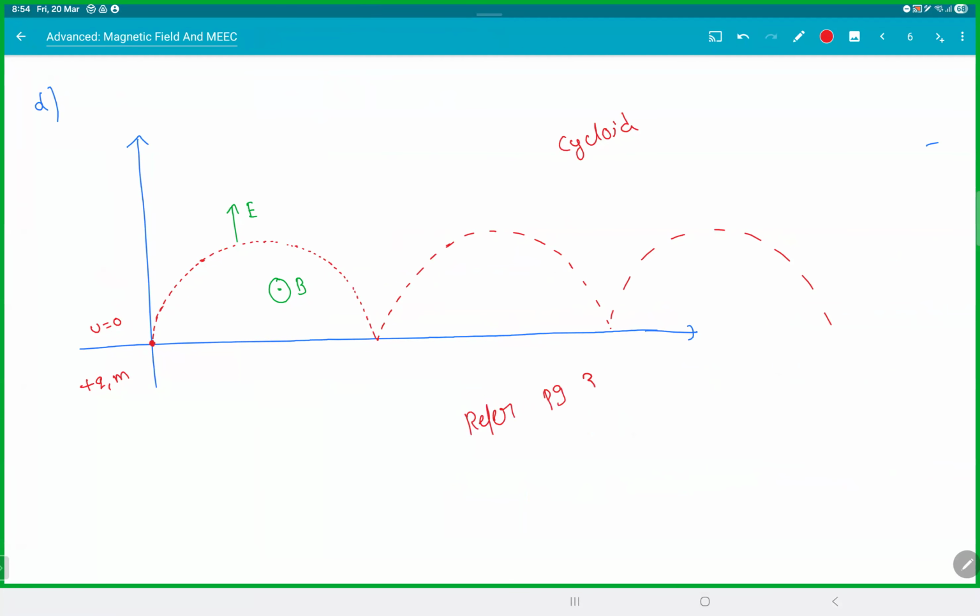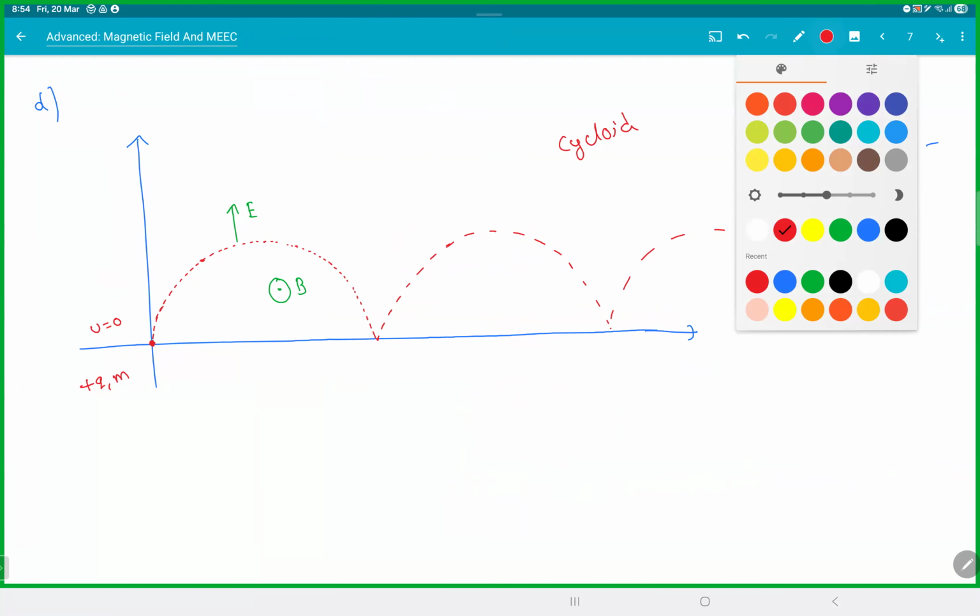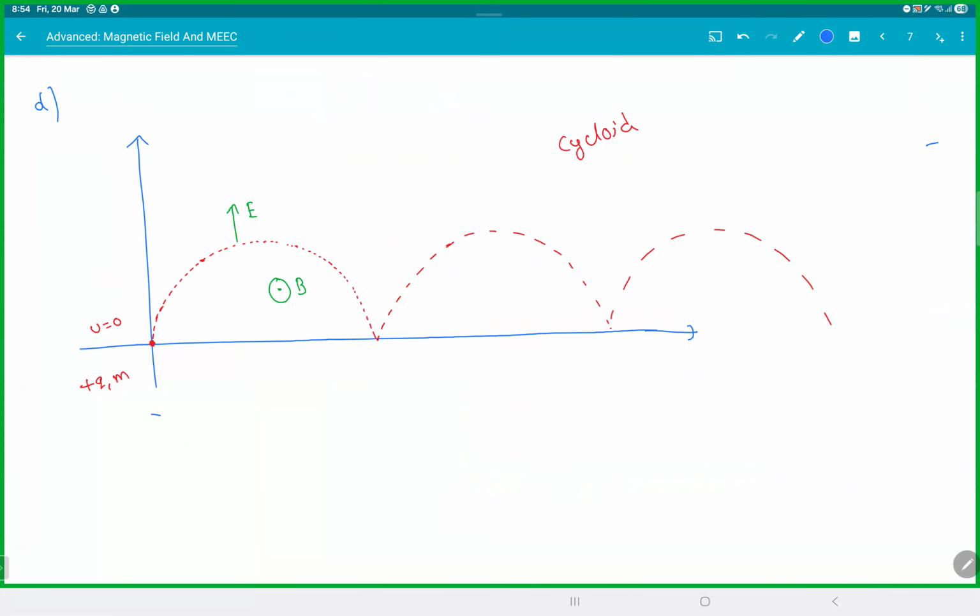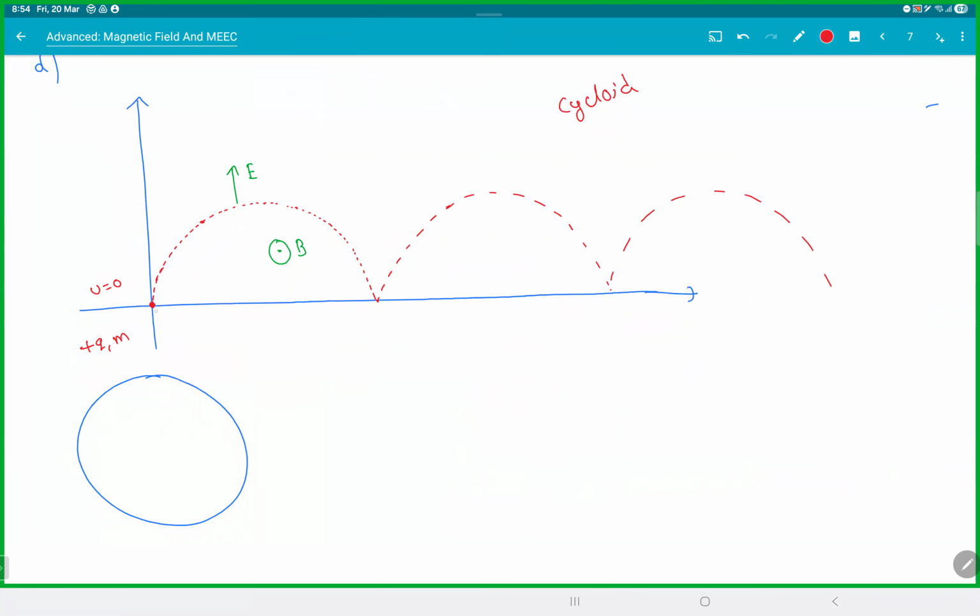But I'll just put down the main things again. So whenever you see this kind of a question, you can replace this with a wheel. So this point is like this point here on the floor. And you will exactly see the same motion here.